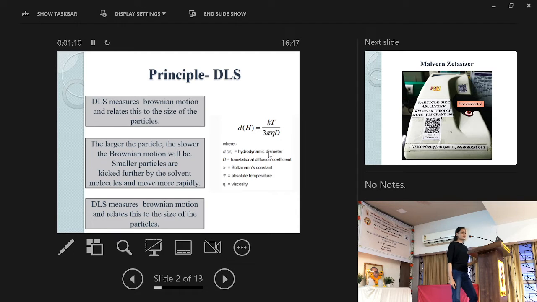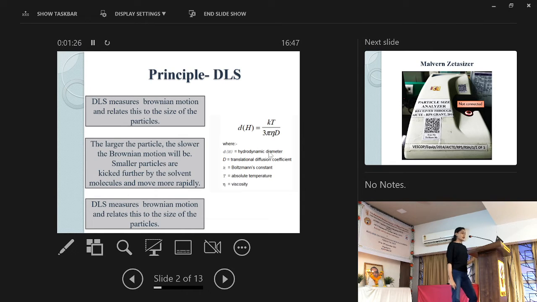This fluctuation depends upon the size of the particle. If the particle is bigger, then the fluctuations in intensity of light will be slower, and if the particle is smaller, the fluctuations in intensity are faster.